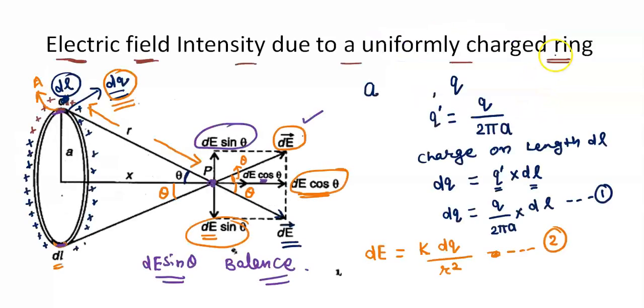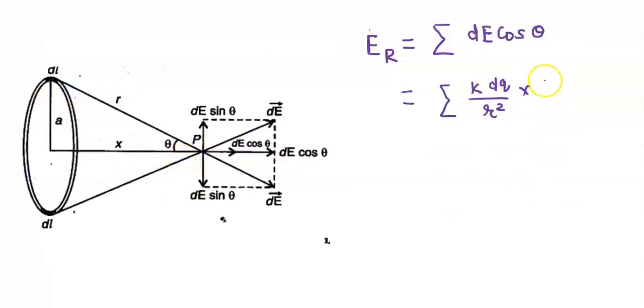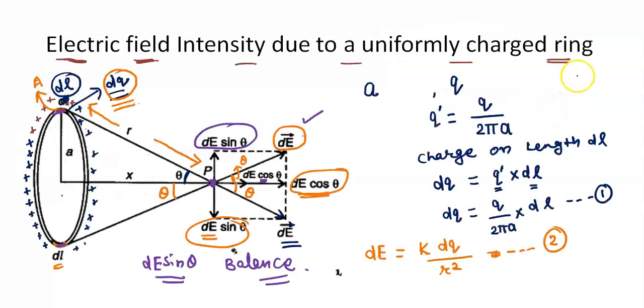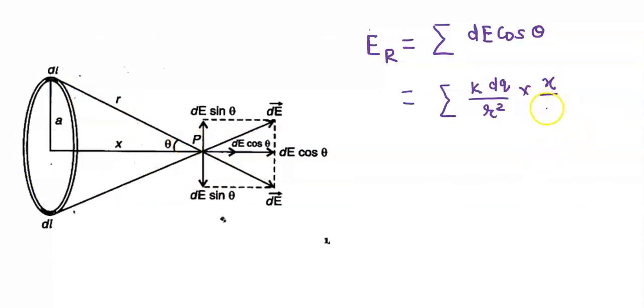It is base upon hypotenuse. What is base? It is x. Hypotenuse is r square. So we can write it is x upon hypotenuse. See, this is the angle, so cos theta is base x upon hypotenuse. So we will have x upon r square here.